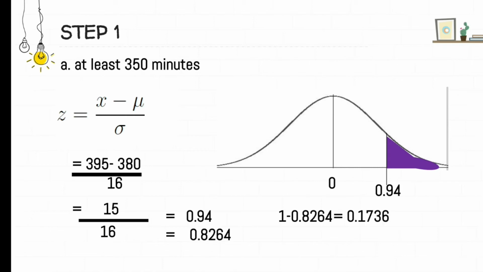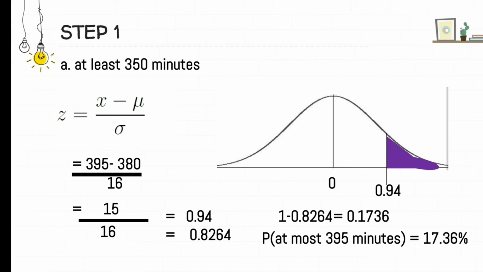And if we look at the area of the z-score, which is 0.94, in our table E, we have 0.8264. And now here, because it is at most, we need to subtract our area from 1.